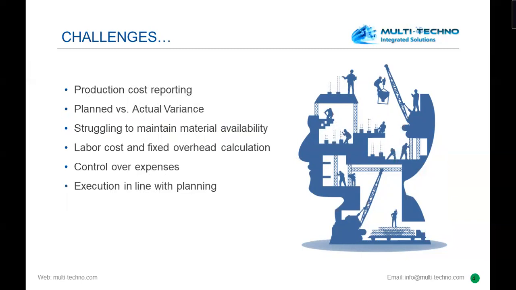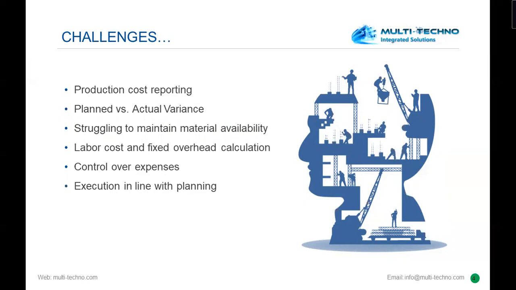Also we will manage planning and actual variance. When we plan our material costing, we will find how much cost will occur, and after the closing we will verify our actual costing against the planned variance.